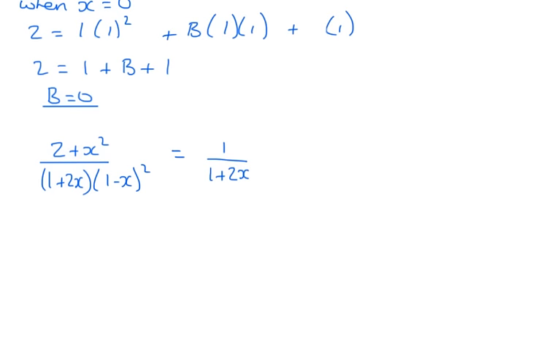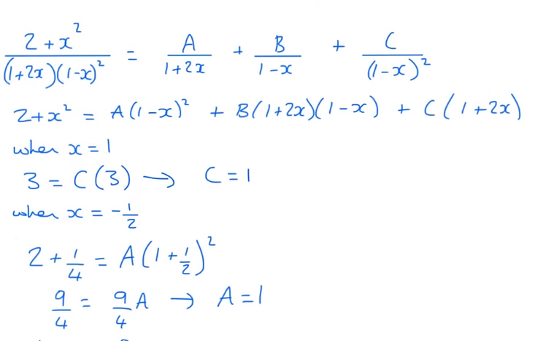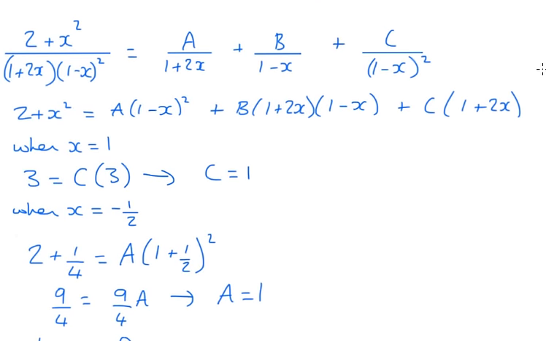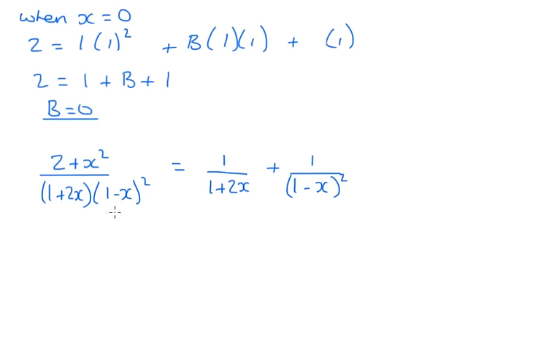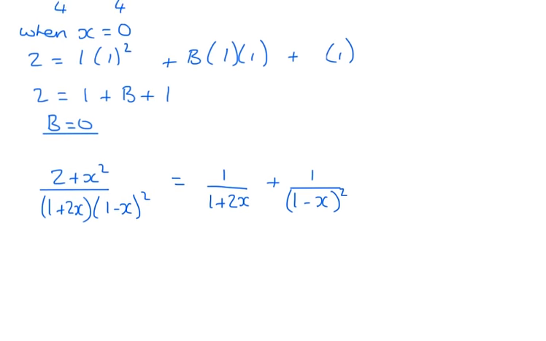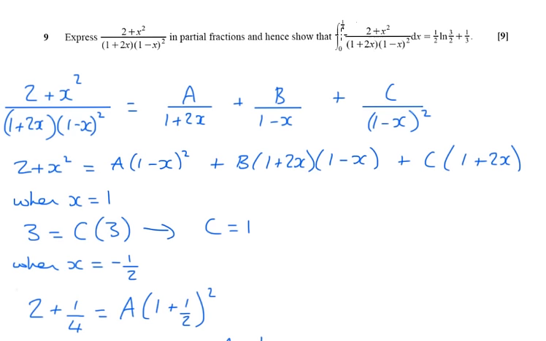That middle term we don't need, plus 1 over 1 minus x all squared. The whole point of doing this is because we can't integrate this, but we can integrate both of these two things here. And that is then what it asks us to do.